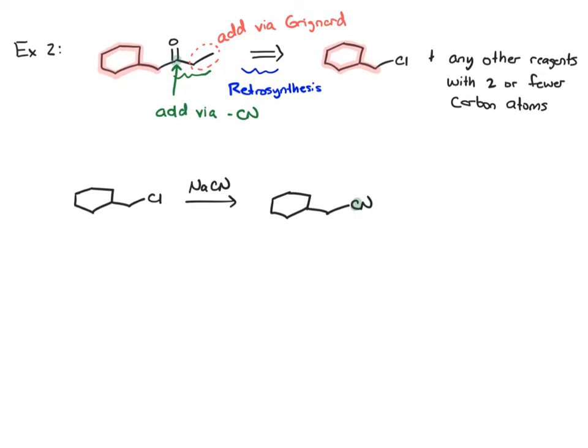So all we need to do is add the Grignard reagent. We want the ethyl group added, so add ethyl magnesium bromide, followed by H3O plus. And that gives us our product.